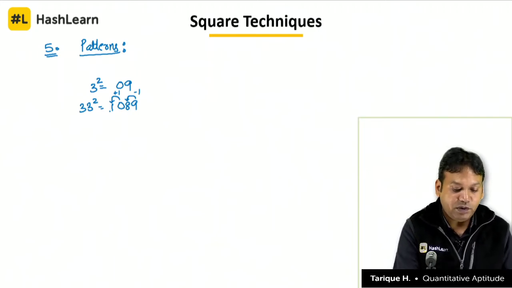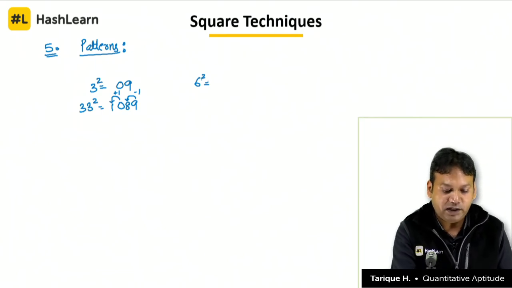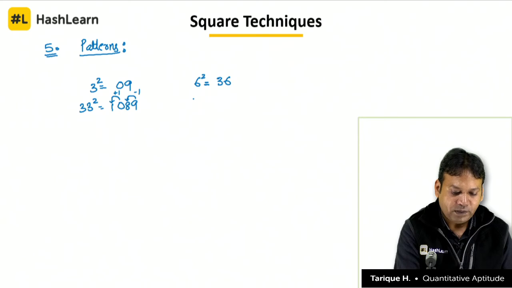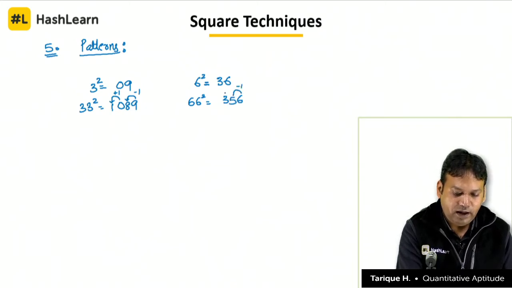I will be showing you the pattern for 6 also, and then we will see how we translate this pattern into finding more squares. Let us say 6 square is 36, what will be 66 square? Take 3 and 6, and from the right number you subtract 1 and to the left number you add 1.